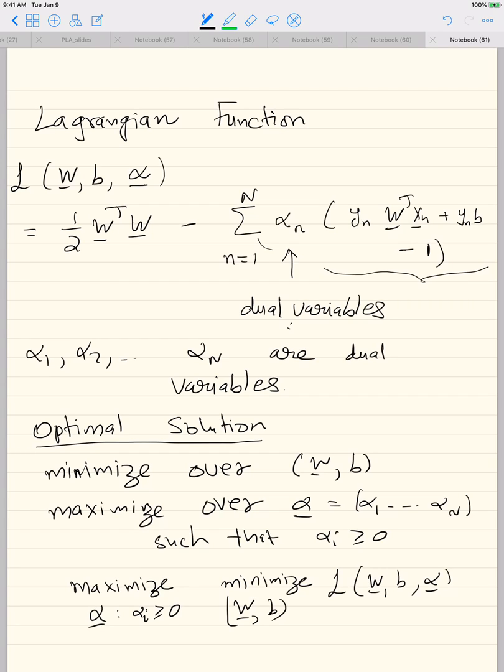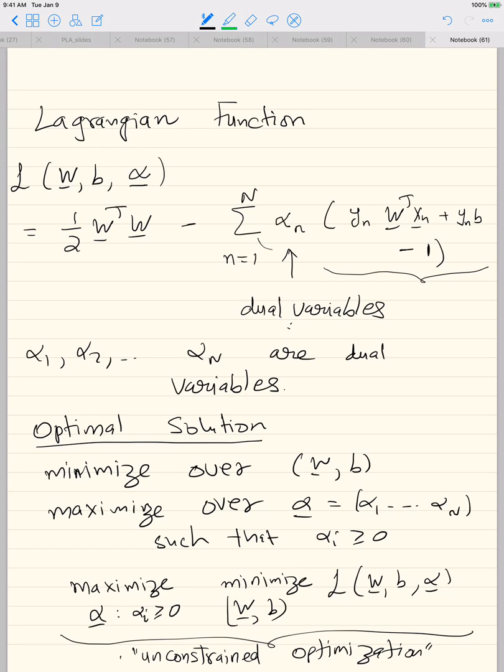So in a sense, this is essentially an unconstrained optimization problem, except for the fact that the alpha i's are positive, but there are easy ways to handle this simple constraint.